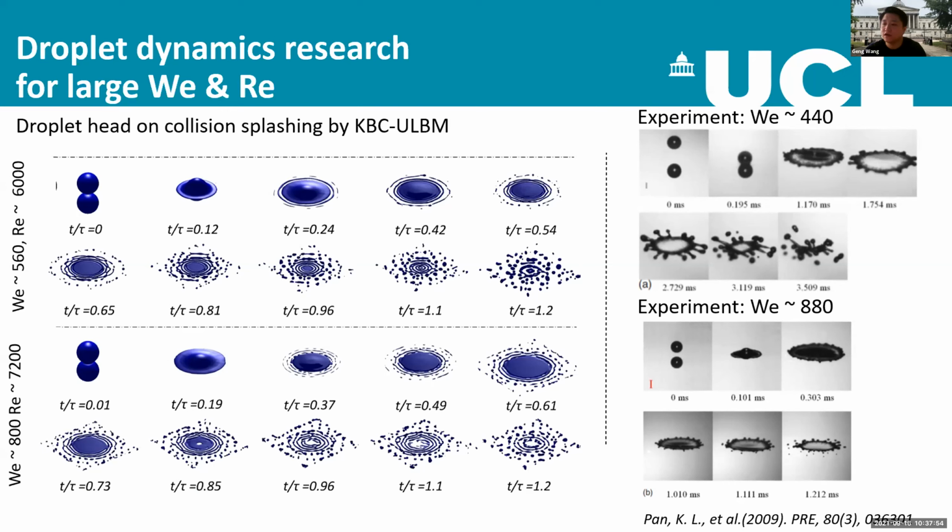As shown in the figure, for the cases at a lower Weber number and Reynolds number, as shown in the red top figure, after the droplet collision, a liquid disk forms and expands. During the liquid disk expanding, some liquid rims tear off from the liquid disk and continue to break up into many small satellite droplets. Then we increase the Weber number and the Reynolds number.